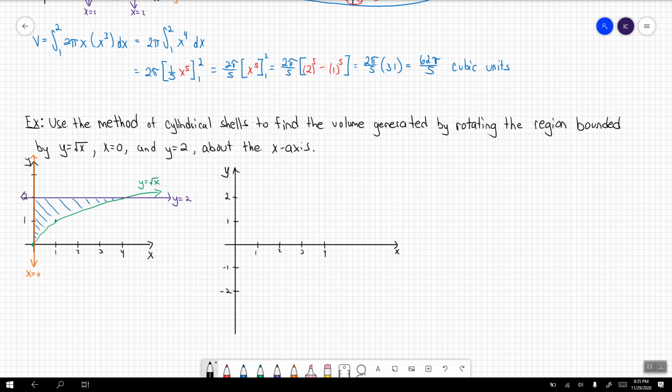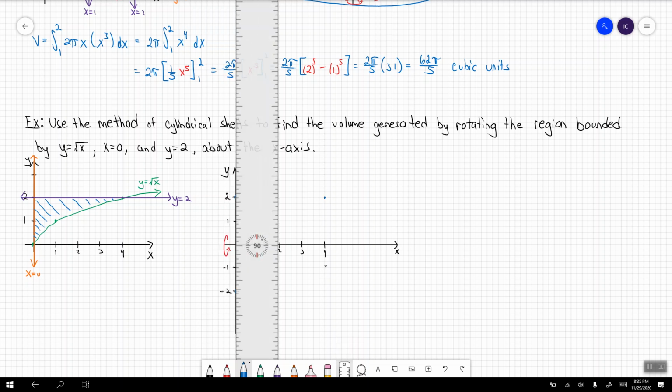So what I'm going to do again is look at my points where I'm going to be rotating this function about the x-axis. And so knowing that my points are still going to be at 2 and negative 2 for this y component, also if x is 4, then y is going to be 2. So x is 4, y is negative 2.